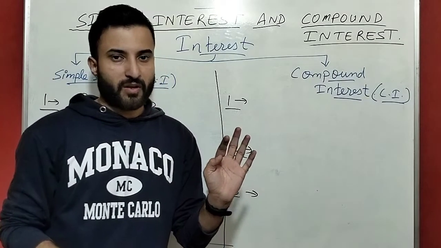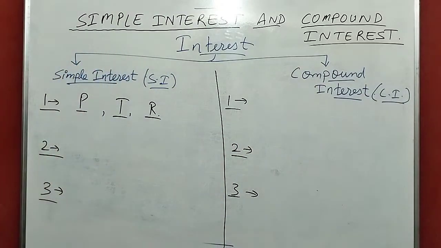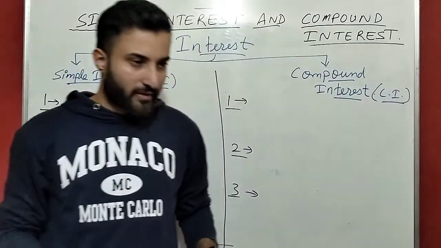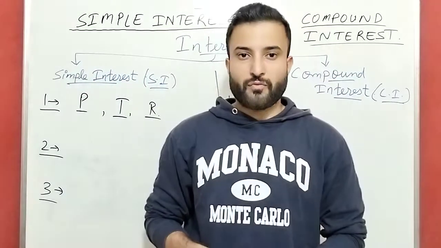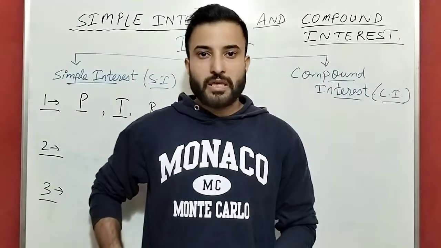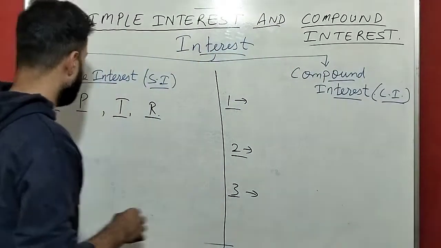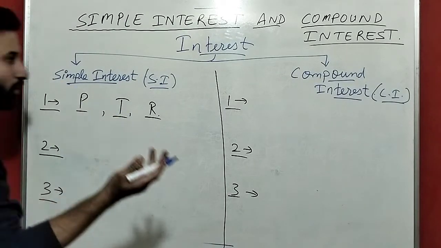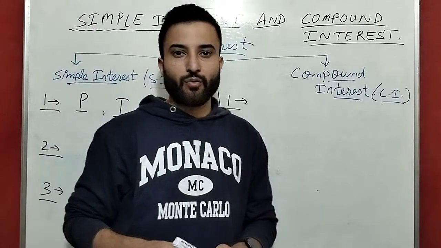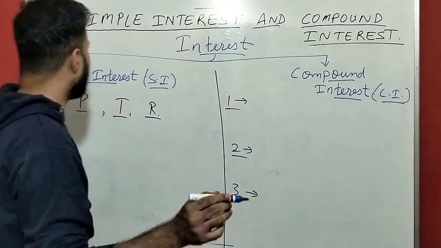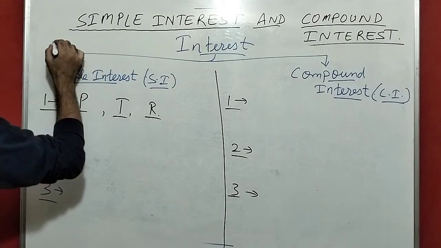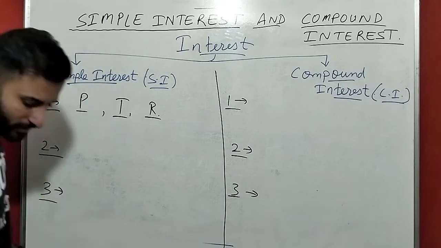Now when you have borrowed this, you have to pay the interest after every year. So as we know, the formula of interest is P into R into T by 100. Guys, the interest formula I had already given is P into R into T by 100.